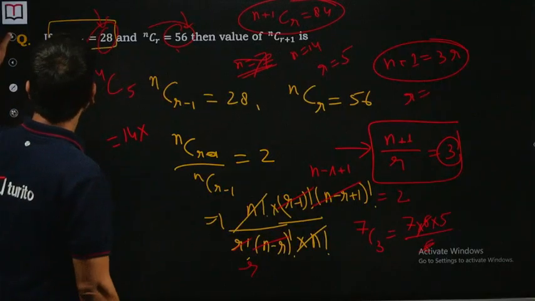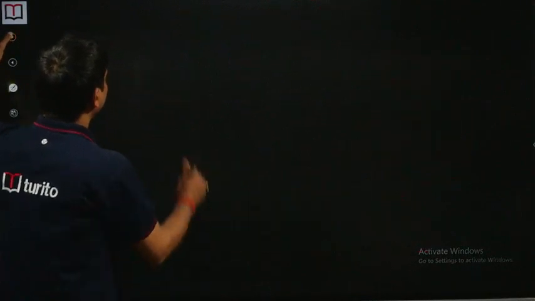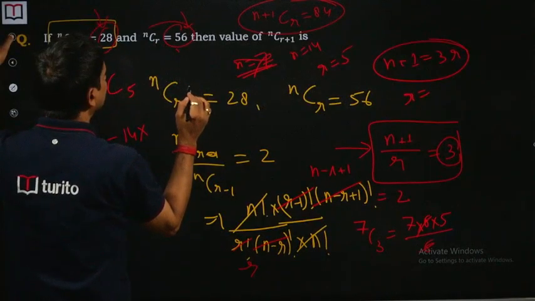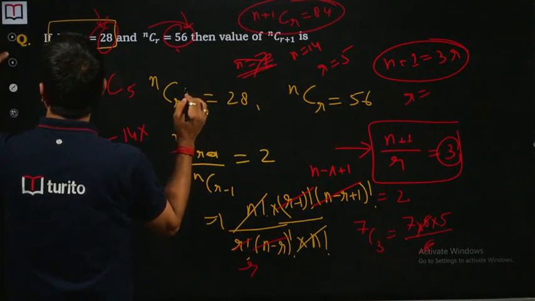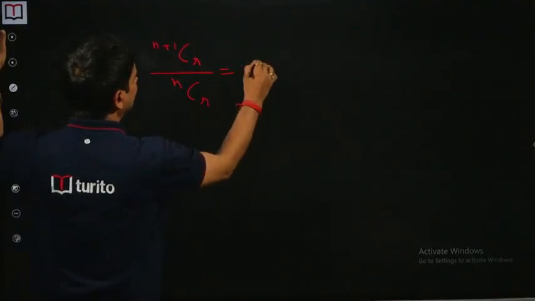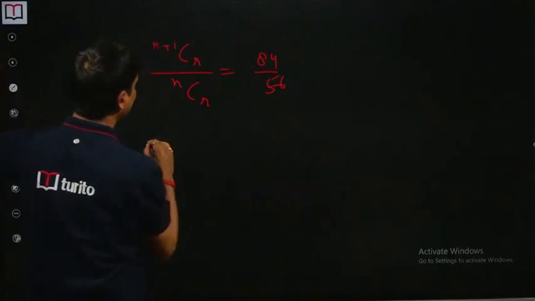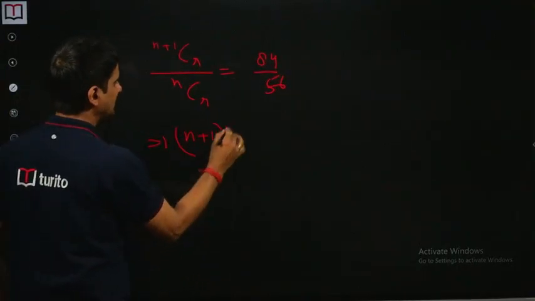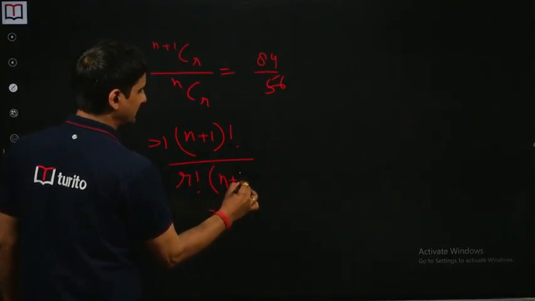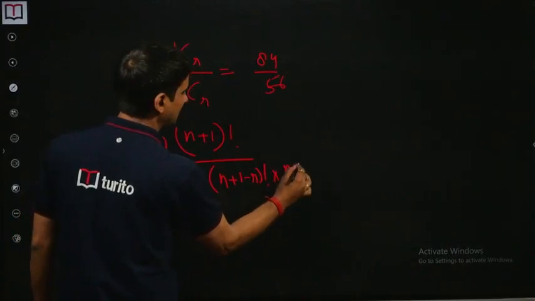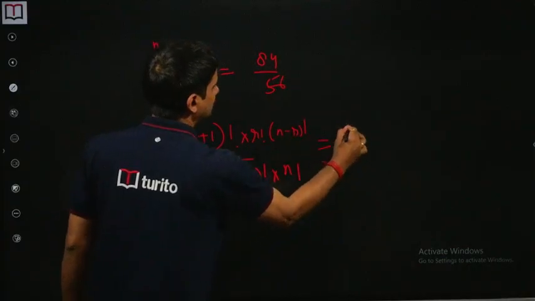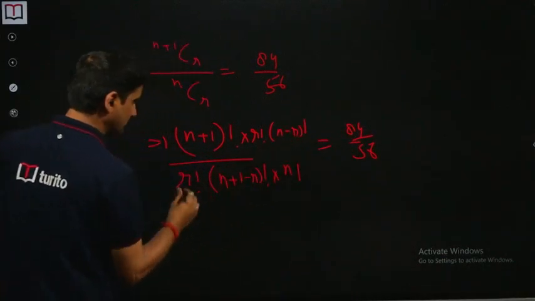Okay, wait. Let me try one more thing. If I write this n plus 1 CR by NCR, it's 84 by 56. Let's see, do we get anything reasonable? It is (n plus 1) factorial over r factorial into (n plus 1 minus r) factorial, divided by n factorial over r factorial into (n minus r) factorial. 84 by 56. Let's see if we get the two equations to a known type.